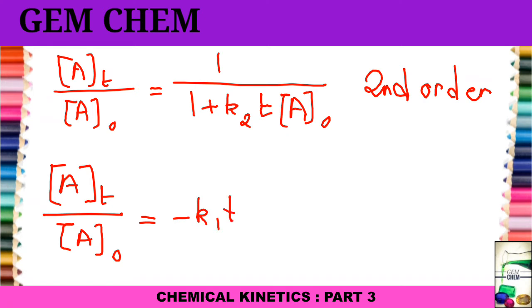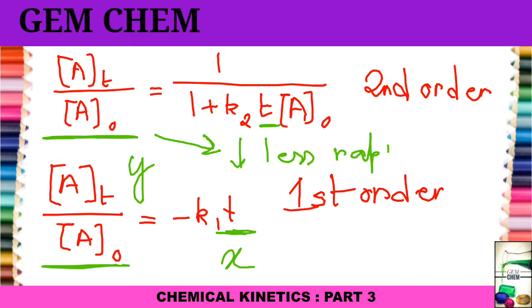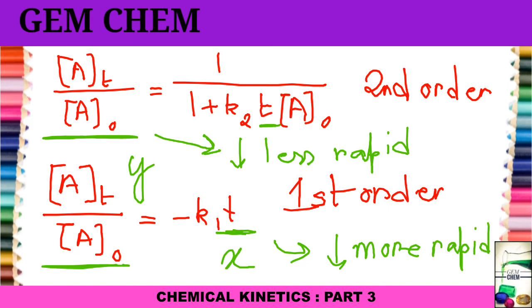So with the same initial rate, we compare first and second order. Now from the equation we can understand that if we take this one and this one as y and time t as x, the second order will decrease less rapidly, whereas for the first order case we have already seen the decrease of the graph is more rapid. So we will see the comparison graph in the next slides.